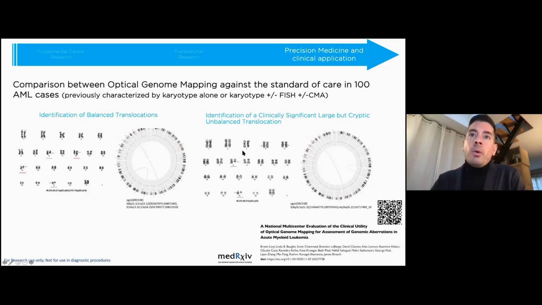In this example, a translocation 8;21 was identified, as you can see here, but a translocation between chromosome 4 and 5 was missed and was detected by optical mapping, with a deletion of the 5q terminal region that can have a significant impact to stratify patients in terms of risk assessment.